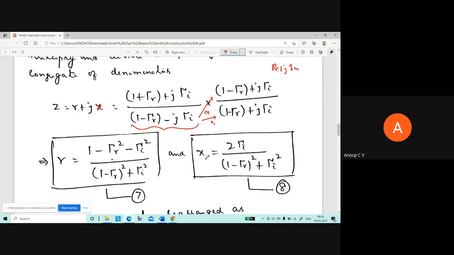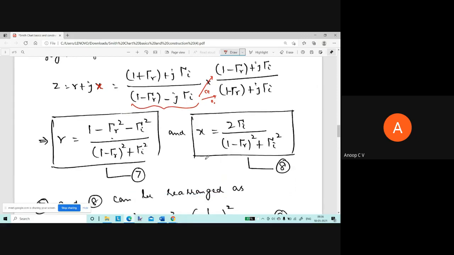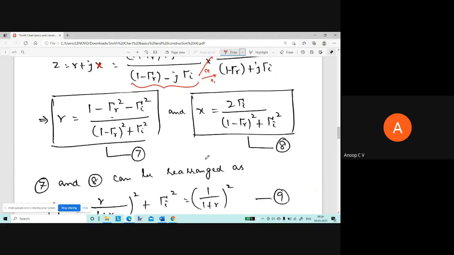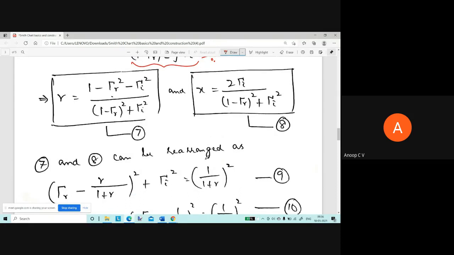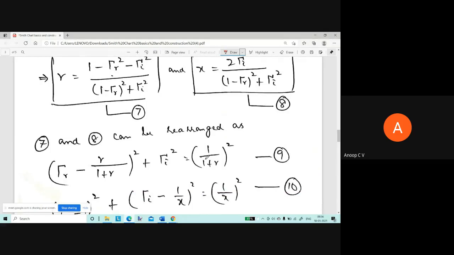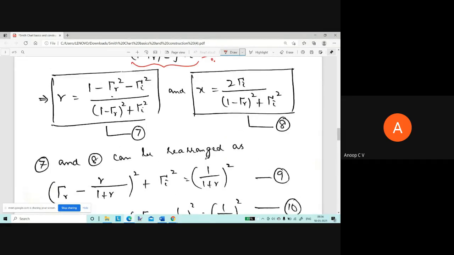Now what I need is, somehow I need to rearrange this and write it in the form of a circle, right? That can be done easily. You can rearrange it and write it down in the form of a circle. Again, I'm not showing that. The form of a circle means it's in this form: x minus x1 the whole square plus y minus y1 the whole square is equal to radius square.